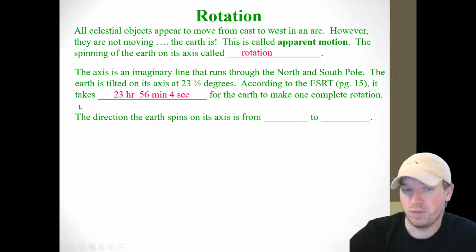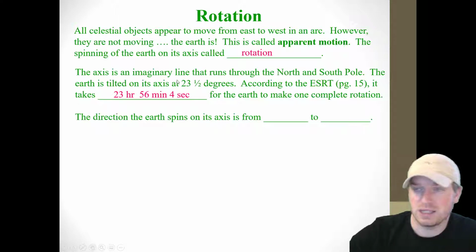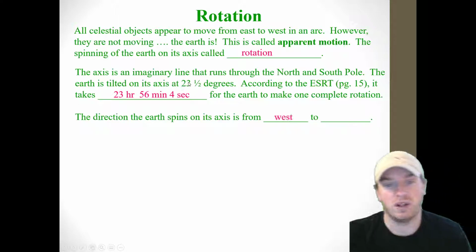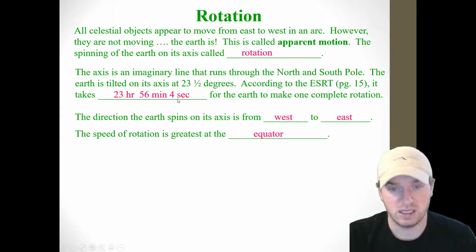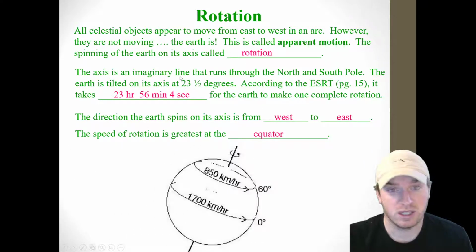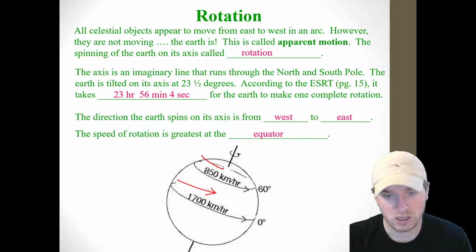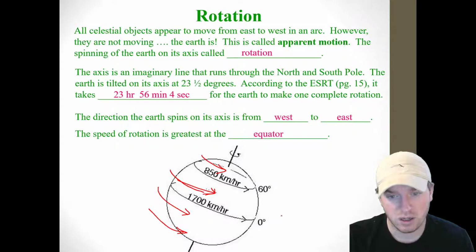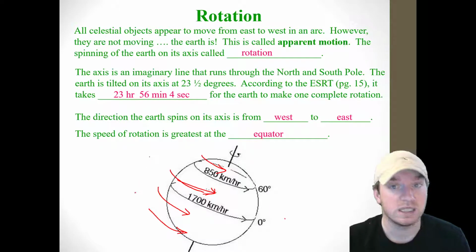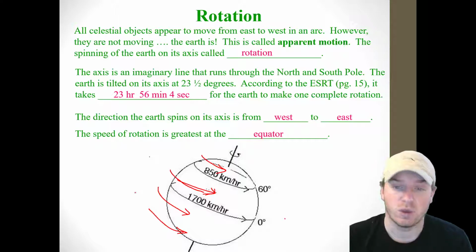Now, even though the sun rises in the east and sets in the west, the direction of the Earth's spin is actually from west to east, and its spin is greatest at the equator. This part we've already talked about, but I wanted to show you this picture. It's moving from west to east, and as it moves this way, the sun will appear to rise in the east and appear to set in the west, even though the sun isn't the one moving; it's the Earth that's rotating.